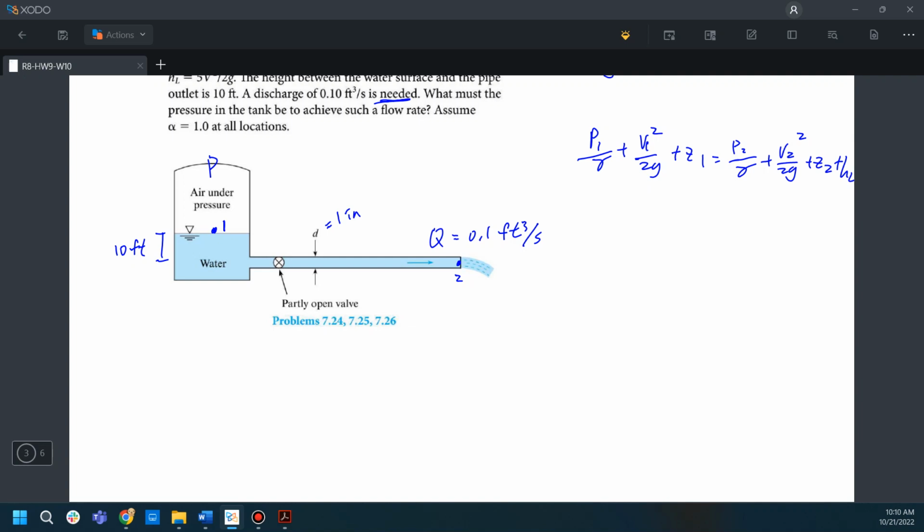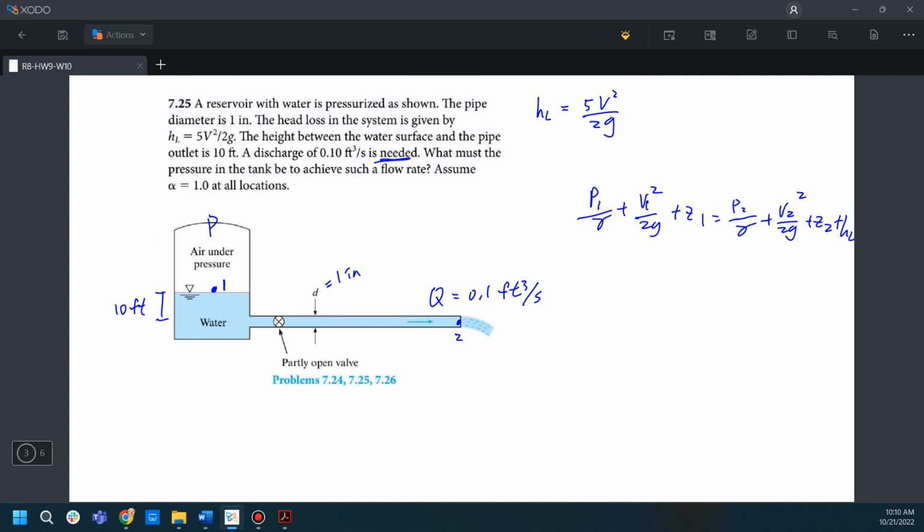Okay, so again, we need to simplify it. P1 is the variable we try to solve. V1 is around 0, so we can ignore this term.